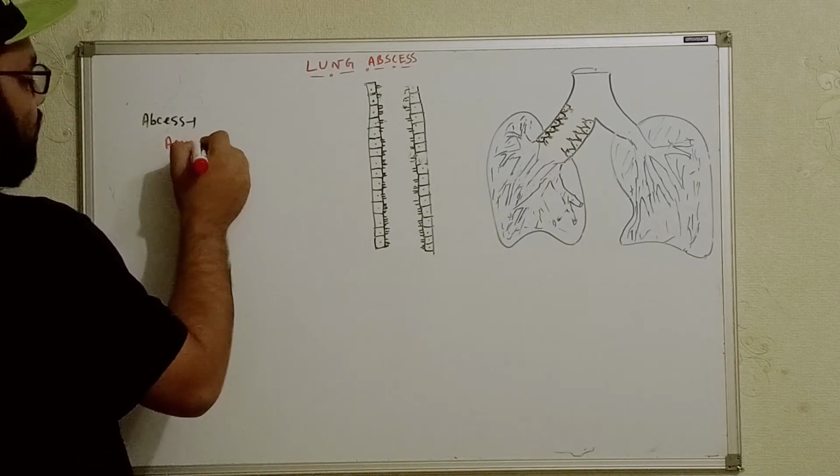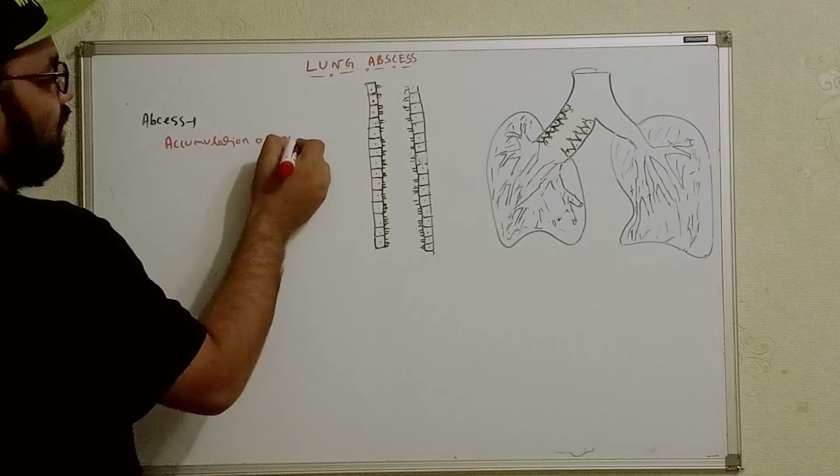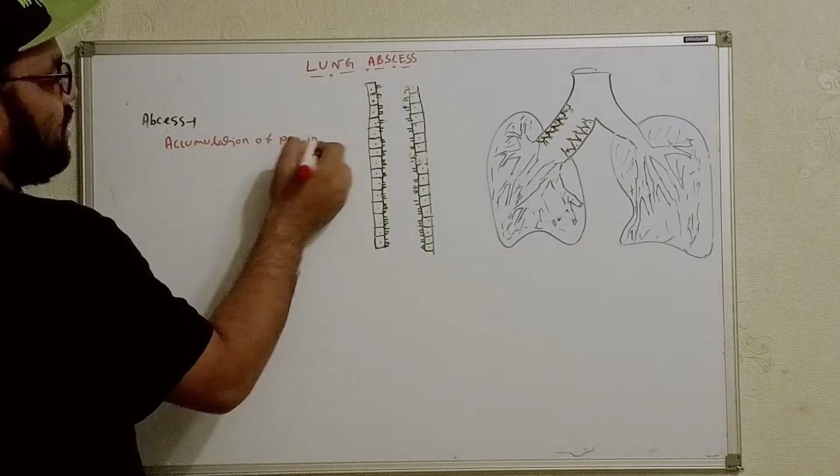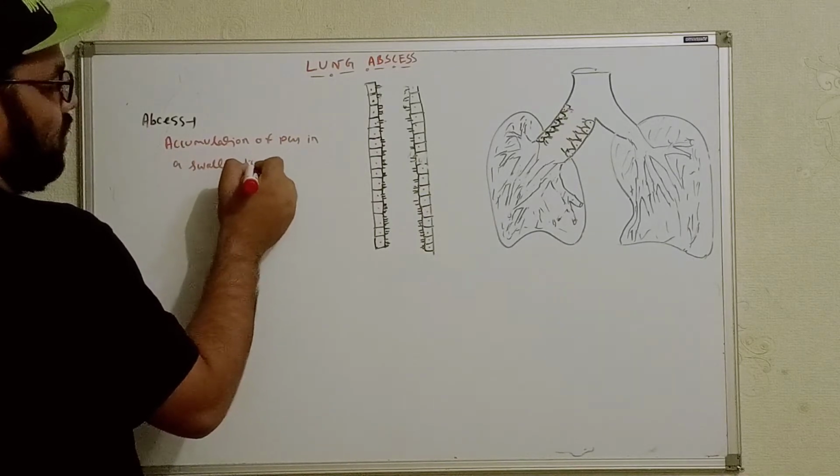So we can write: accumulation of pus in a swollen tissue.